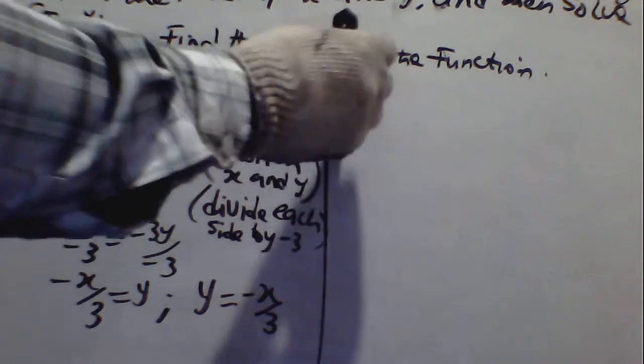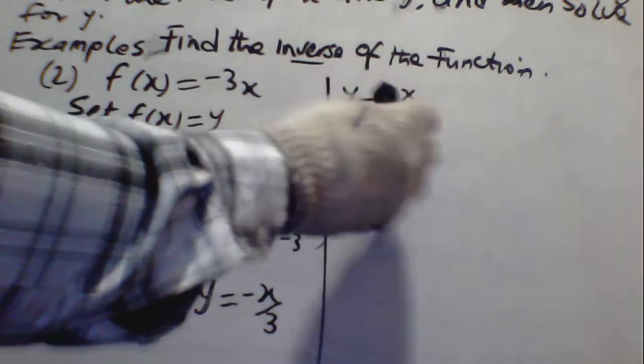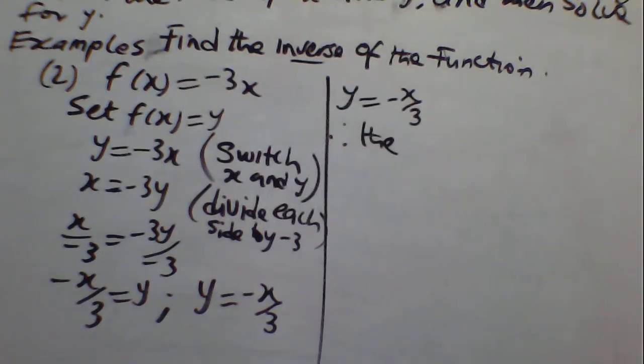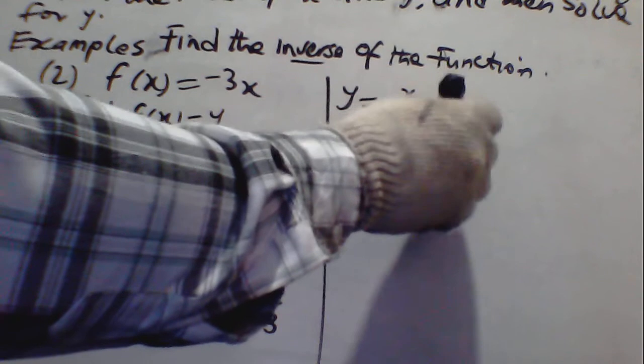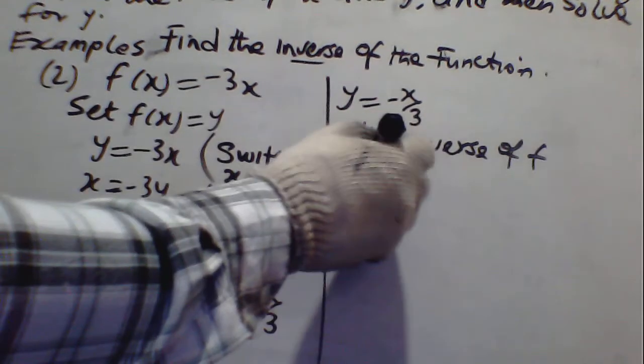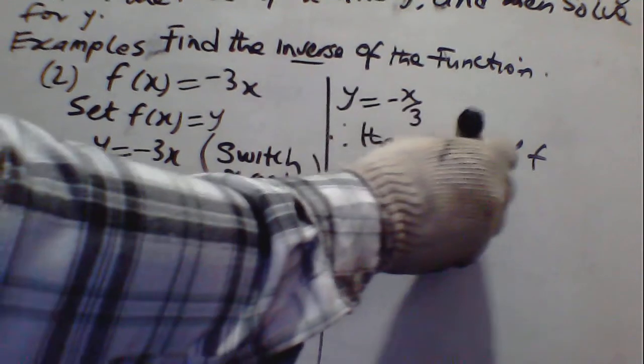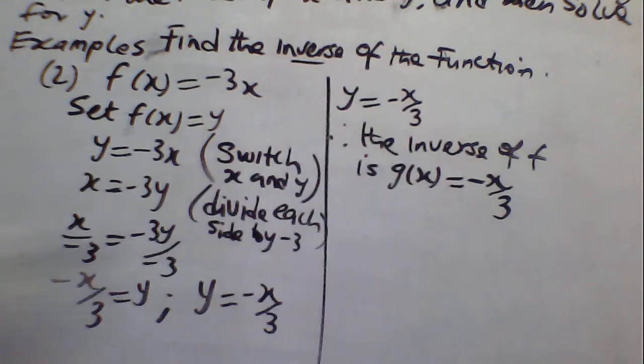This value I got is the inverse. Therefore the inverse of f is g of x equals minus x over 3. So this is how to find the inverse of a given function.